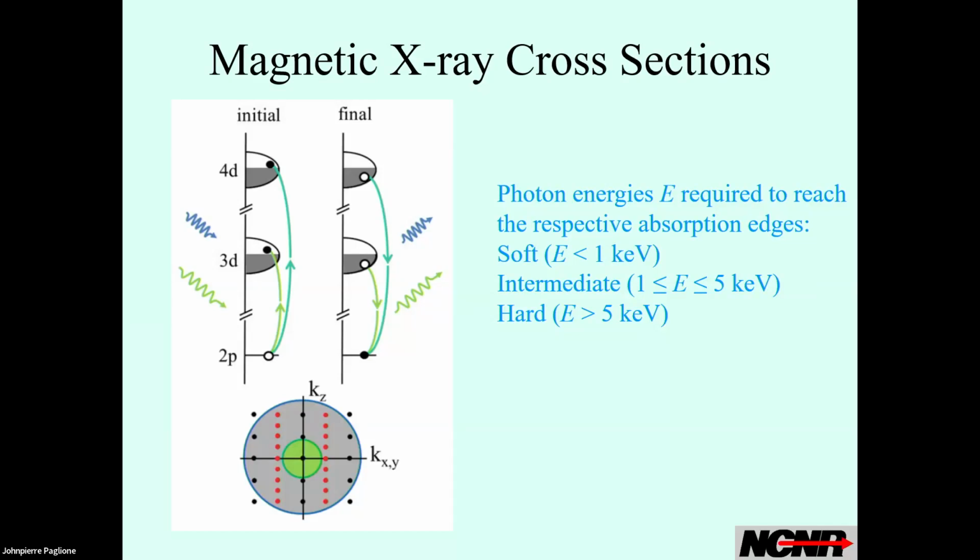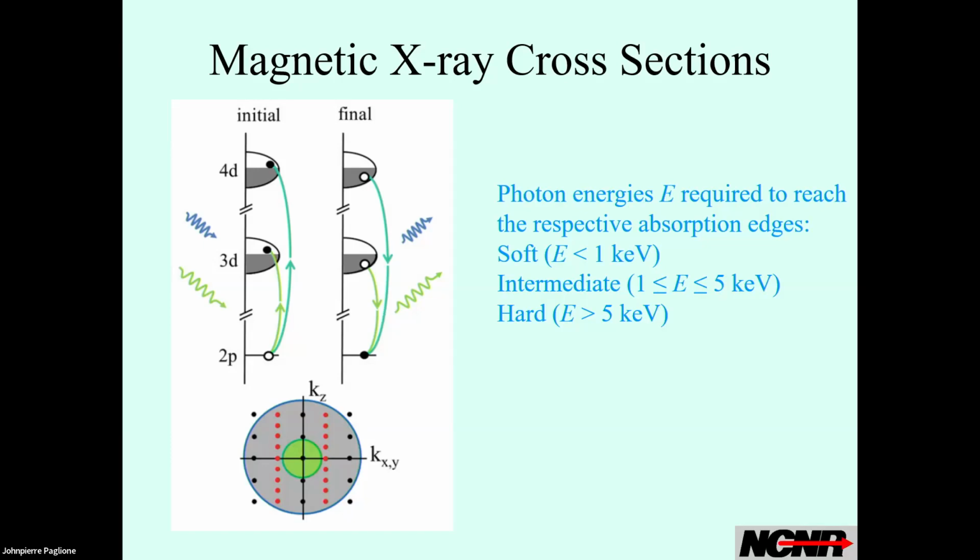And basically, the photons are categorized into 3 different energy ranges. So really soft is less than a kilovolt. Of course, these are intermediate is up to 5 kilovolts, and then hard X-rays greater than 5 kilovolts.